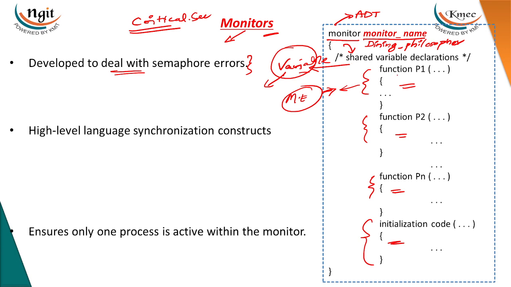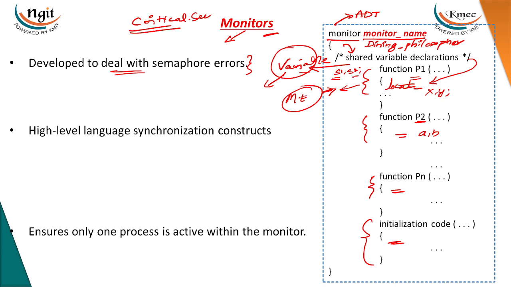A function within the monitor can access the variables that are declared in the monitor. The local variables can be used by that particular function only. Suppose function P2 has local variables a, b, and P1 has local variables x and y, and there are shared variables s1, s2.